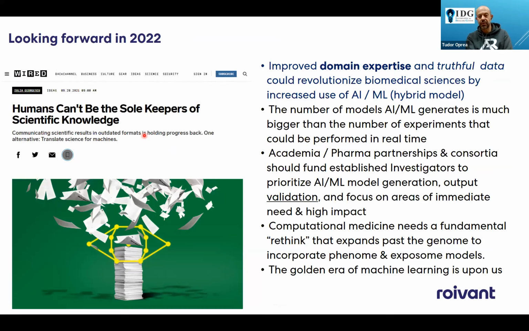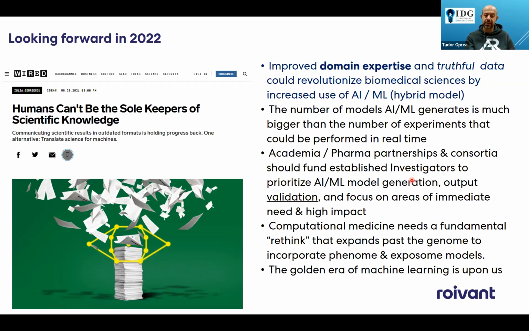Of course, the trick here is to have improved domain expertise, which I think is really the future. It's how we would visualize the future. So having academia and pharma partnerships working together to validate computational models, and then trying to rethink computational medicine on that basis. So in my opinion, the golden era of machine learning is upon us.